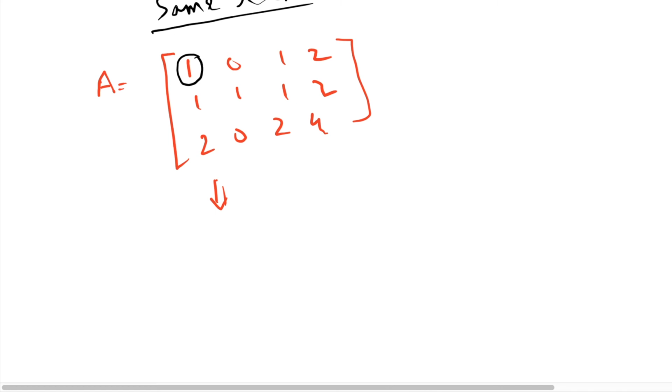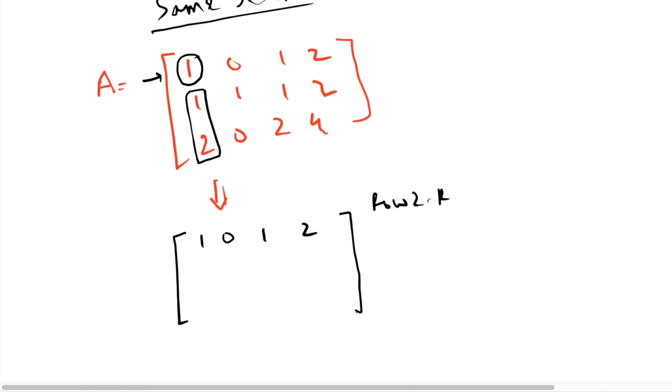So this becomes the pivot element. In the first row, the non-zero element, this 1, becomes the pivot element, and the game is to eliminate all these entries below it. We can do that by keeping the first row intact, 1 0 1 2, and applying row 2 minus row 1, and row 3 minus 2 times row 1, and that will leave you with 0 1 0 0 and 0 0 0 0 all along.